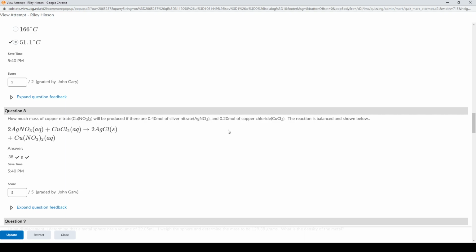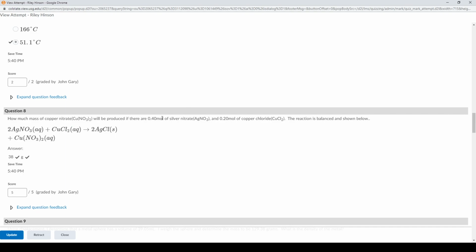Now this is the limiting reagent problem, okay? So you can only have 0.2 moles of copper chloride, and then, well, for the silver nitrate, you would need to divide by 2, because if you'll see here, I have 2 moles of silver nitrate for every 1 mole of copper chloride.